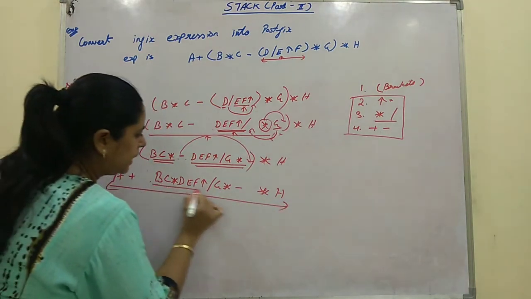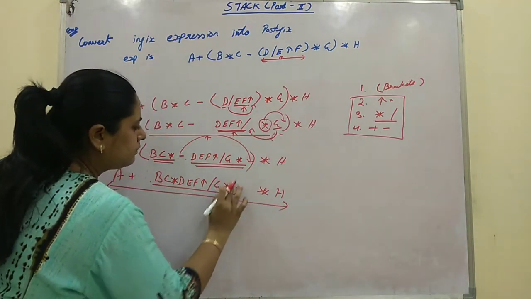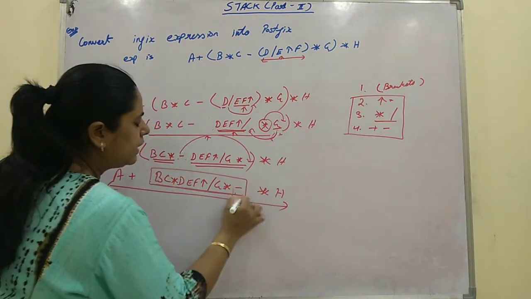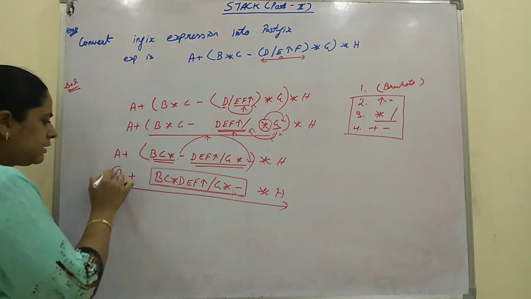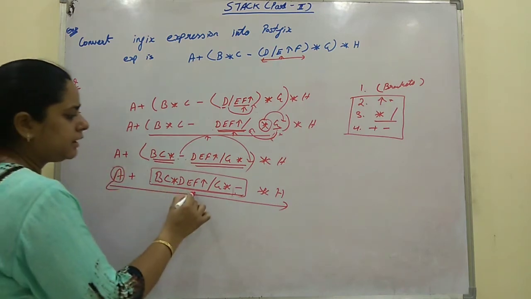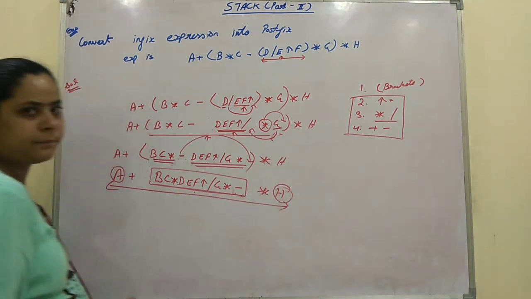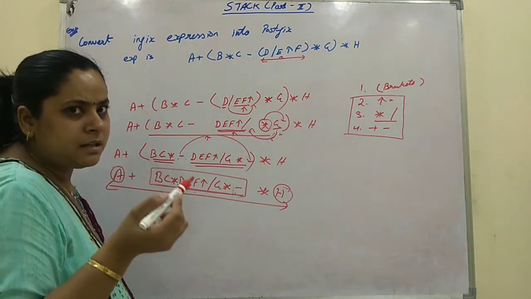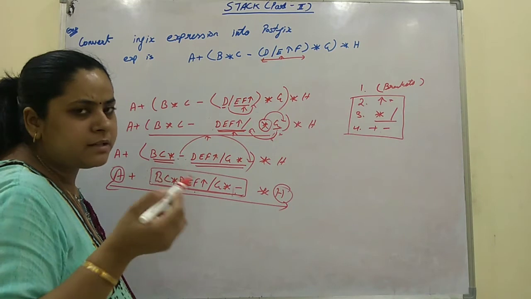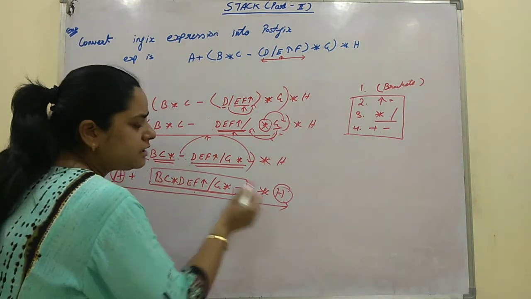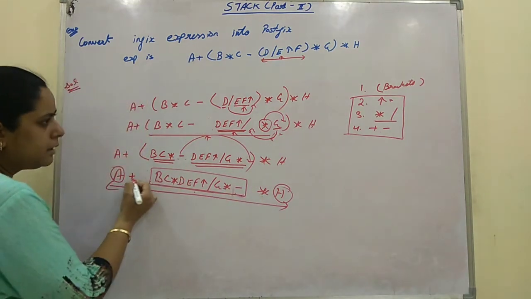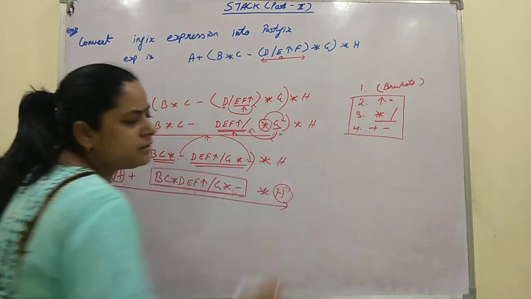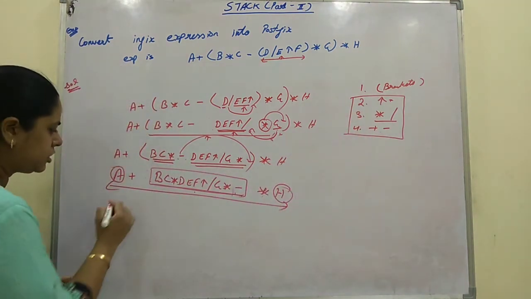In this we evaluated it. That means this is one operand, this is the second operand, and this is the third operand. Now reading from left to right, which operator has the highest precedence? Asterisk has higher precedence. Plus is in fourth position and asterisk is in third position.